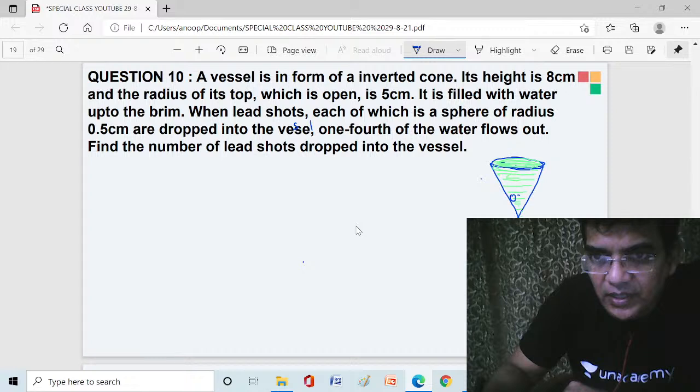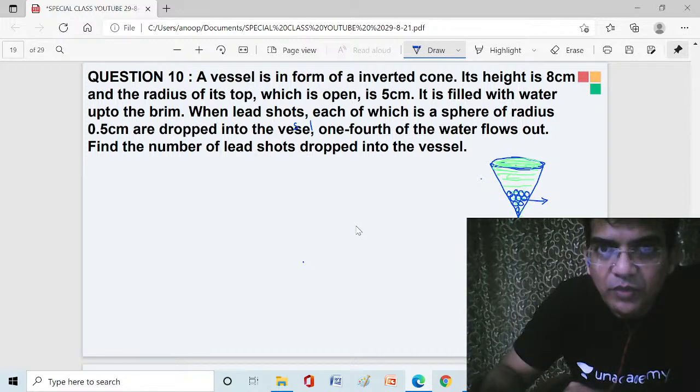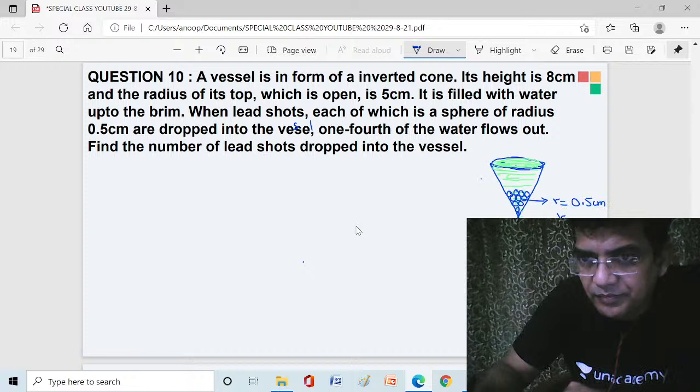Now about these spherical balls, they are saying that their radius is 0.5 centimeter, or you can write it 1 upon 2 centimeter, that is the radius. Now they are saying find the number of lead shots dropped.